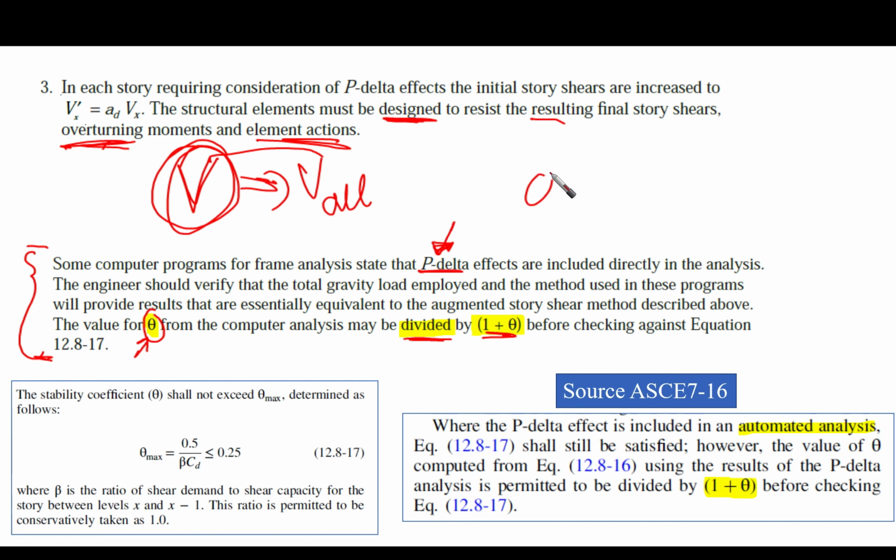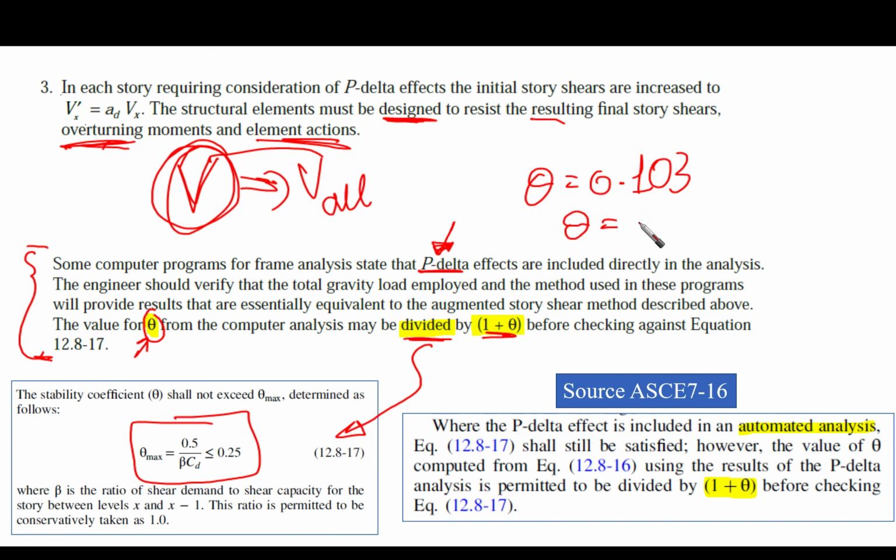So if your theta, for example, let's assume your theta is like 0.103 as in our case, then the real one that you should use in order to check against theta maximum should be 0.103 over 1 plus 0.103. It will be a little bit less than this, okay?